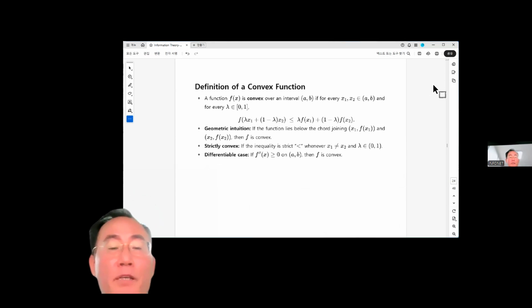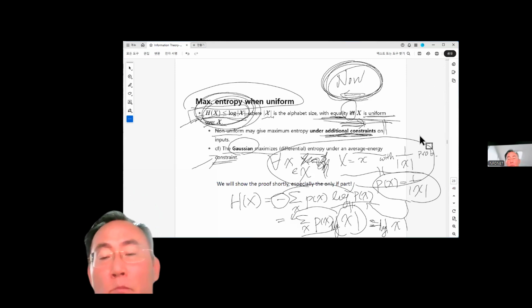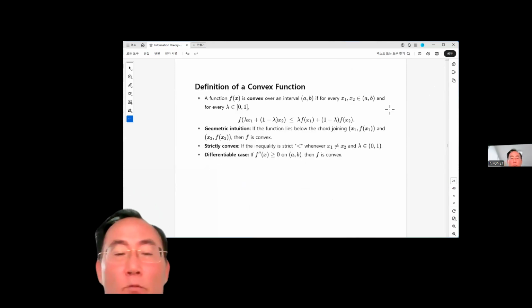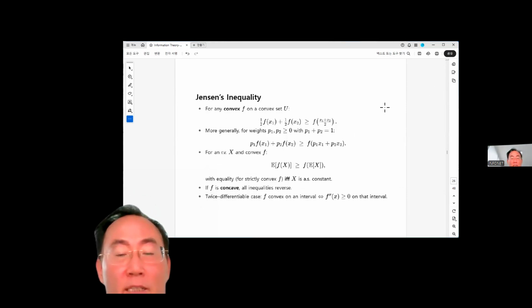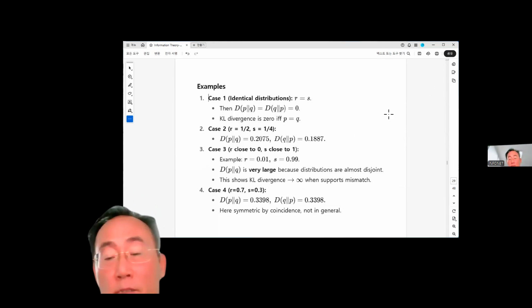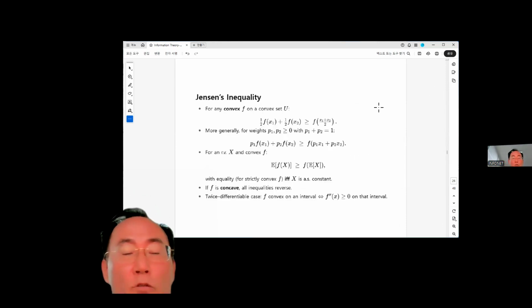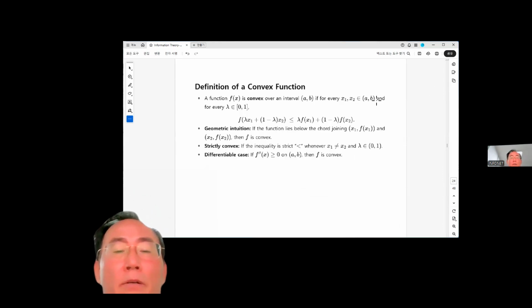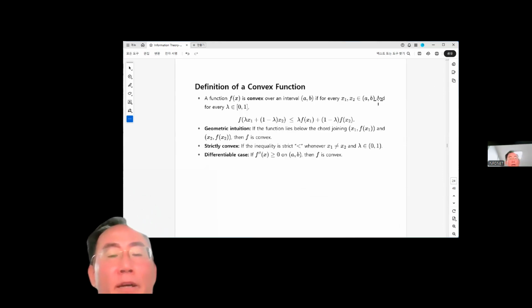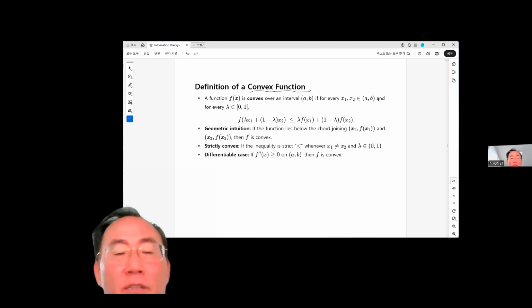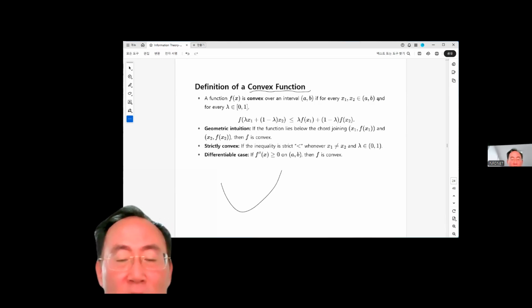Now, in order to attack the more difficult proof, which is the only if part, we have to consider what is a convex function, and then Jensen's inequality, and so on, right? I will talk about this in greater detail on Monday. Let me briefly go through a little bit today. So there is a definition of a convex function. Convex function is just like this one, right?